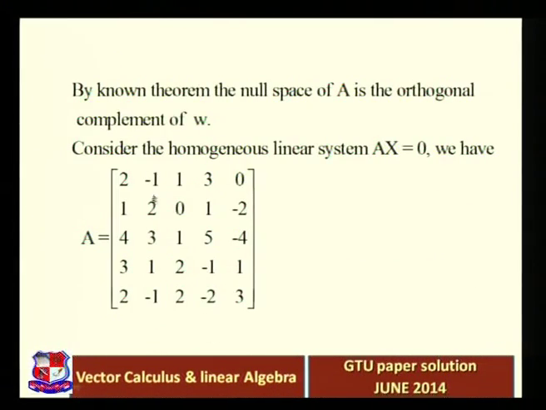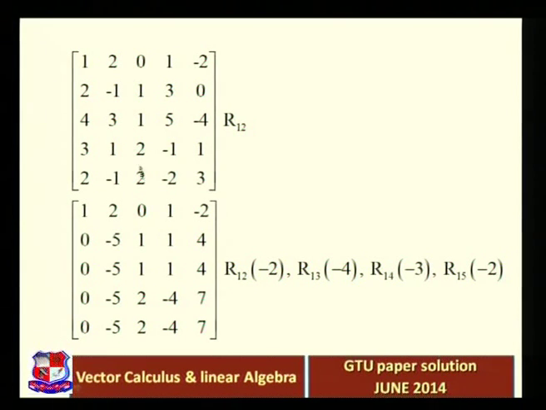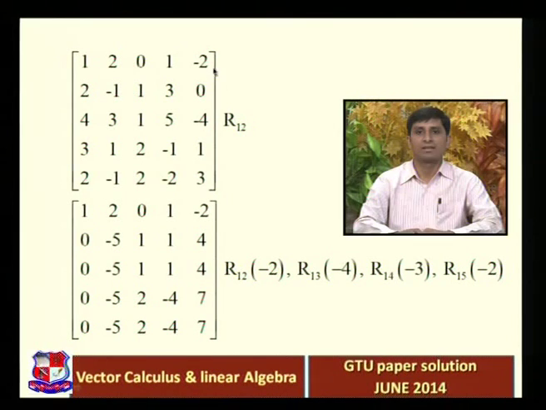First of all we are interchanging the first and second row, and all other rows are as they are. So here is the first operation, R12, interchanging the first and second row. So now the first row is 1, 2, 0, 1, -2, the second row is 2, -1, 1, 3, 0, and the third, fourth and fifth rows are as they are.